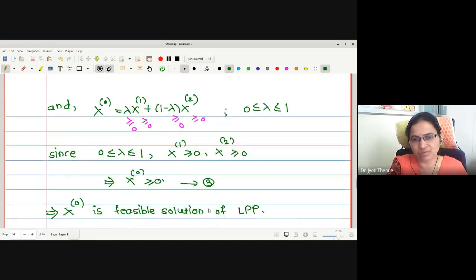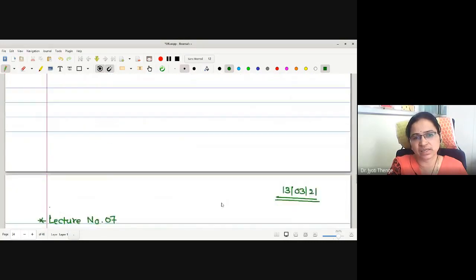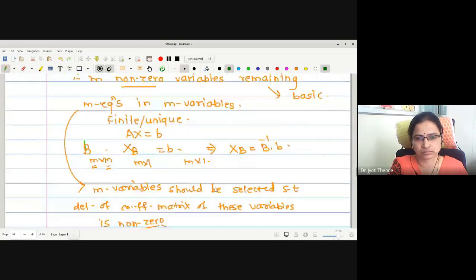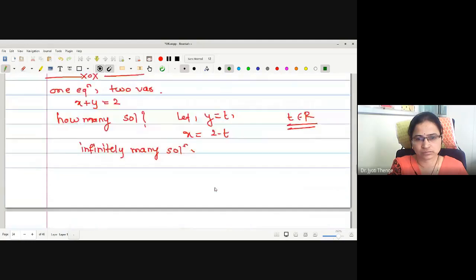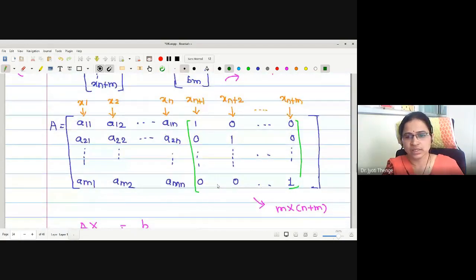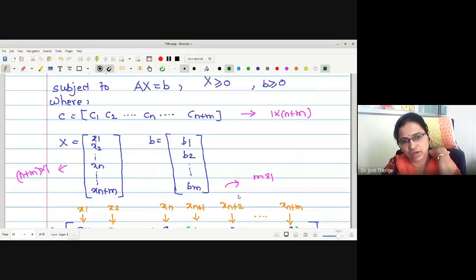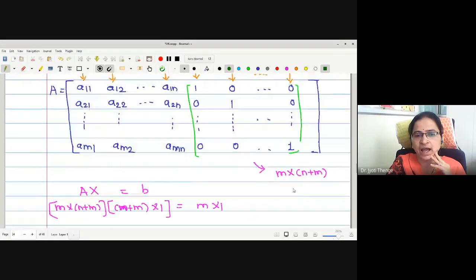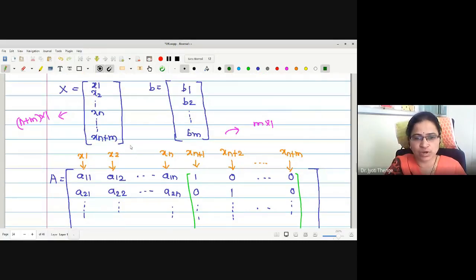Let me repeat how that BXB equals b came out. This is our system coefficient matrix A, this is X, equal to b. We have seen in detail how, by the order of the matrices, the product exists.